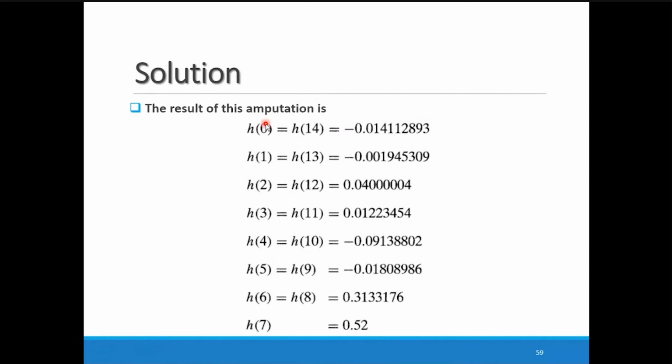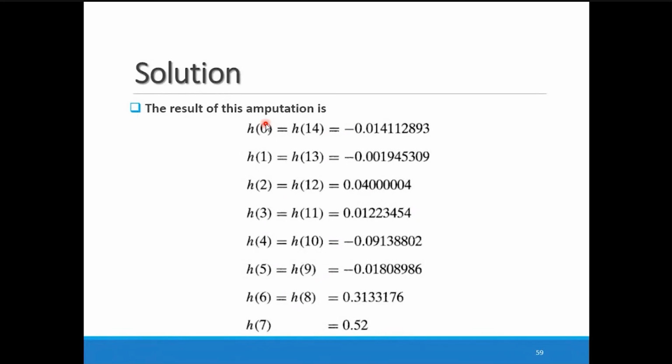M equal to 15 means your midpoint will be at location 7. So 7 is the midpoint of your symmetrical line, and h of 7 will be only a single value. Other values are h of 0 and h of 14, h of 1 and h of 13, h of 2 and h of 12, like this. When you calculate using that particular equation, these will be the answers.